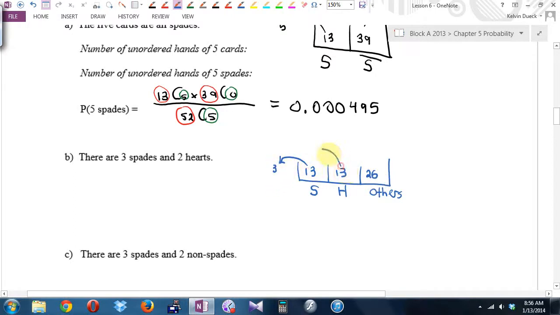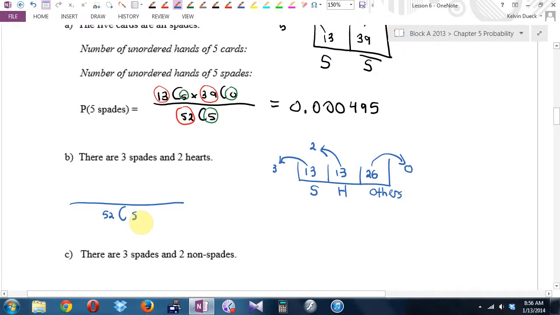How many hearts do I want to choose? 2. How many others do I want to choose? None? This is going to be over from 52 cards. You're choosing 5 of them. If I was choosing 7 cards, it'd be from 52 cards, choosing 7 of them.